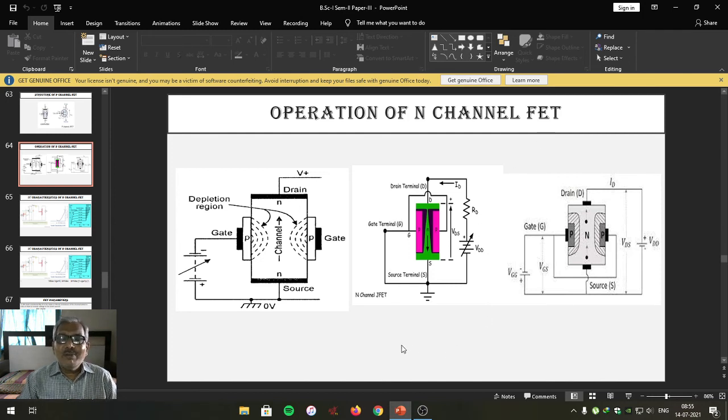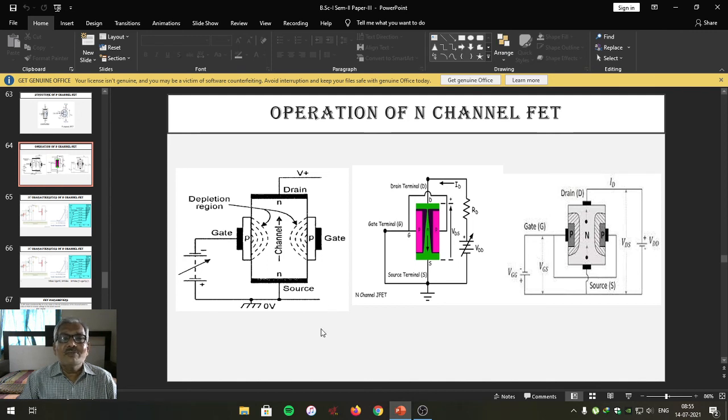Friends, it is but natural that you have to write the operation of P channel FET. For P channel FET, I will tell you what changes are to be done, and try to think over that and write it yourself. You have to consider the P channel FET.